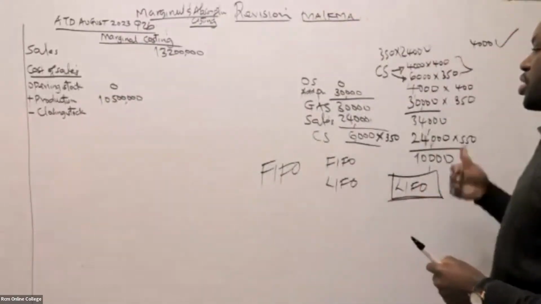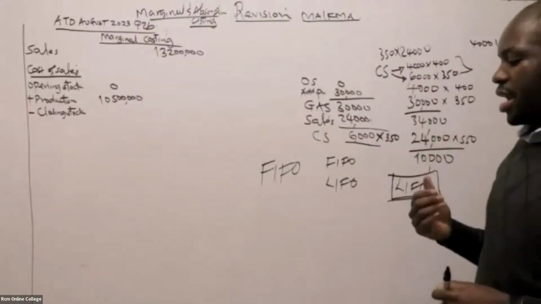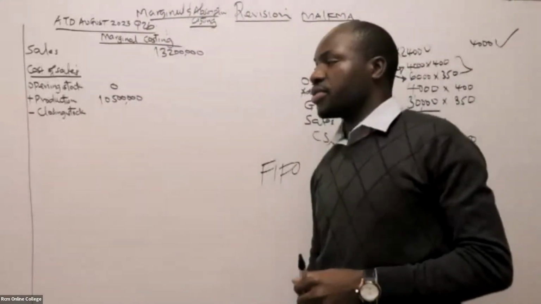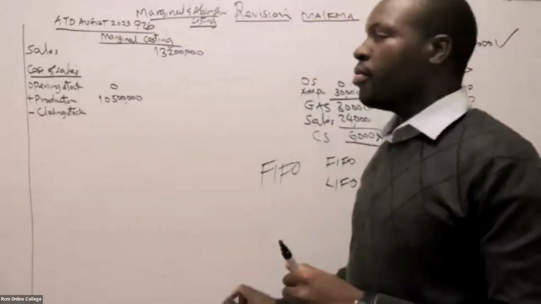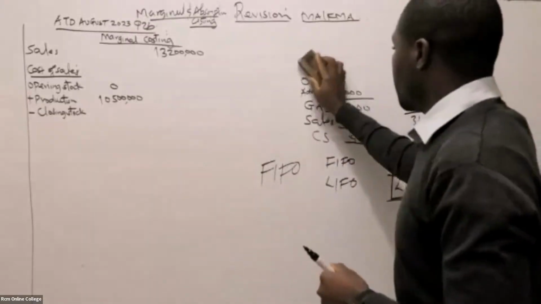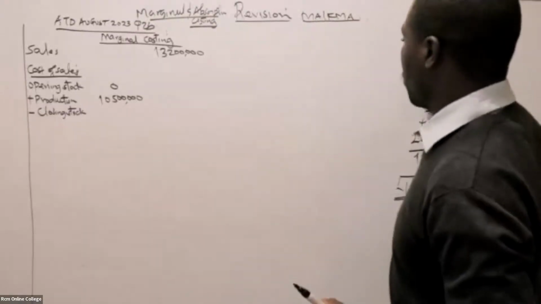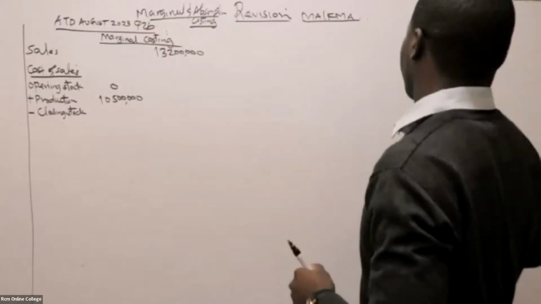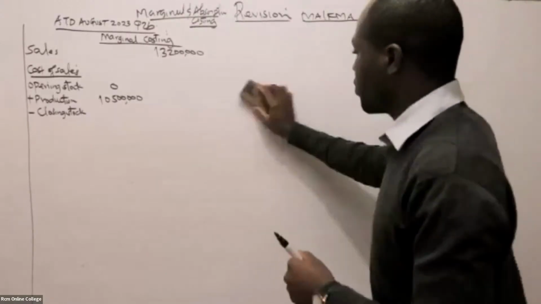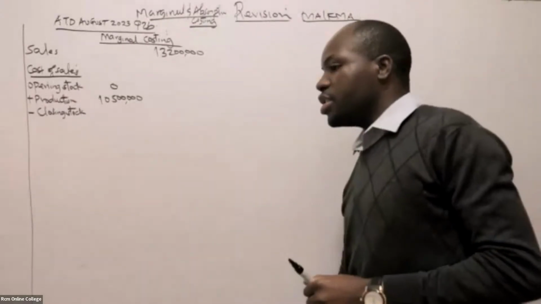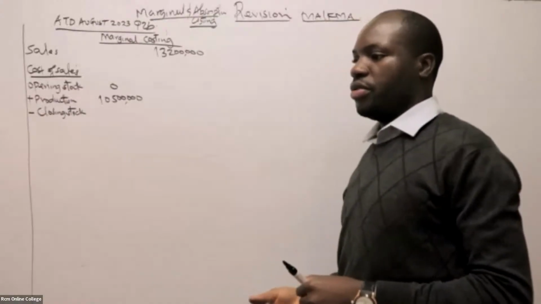Somewhere, without mentioning, these questions are using the FIFO method of valuation of closing stock, which again we did in topic number 4.